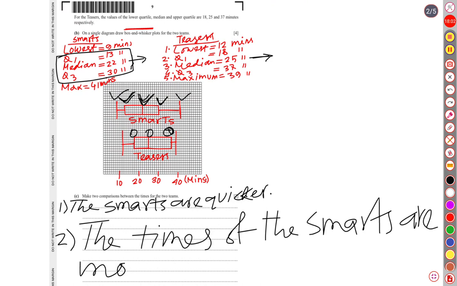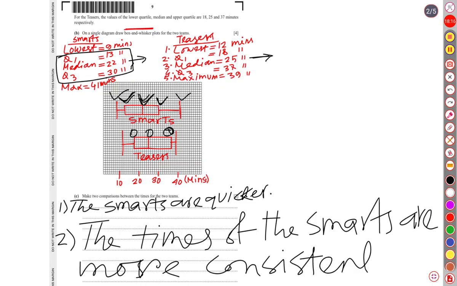That means their time differences among themselves are not so high, it is consistent. So that's all about the answer to part C of this question. So these are the solutions.